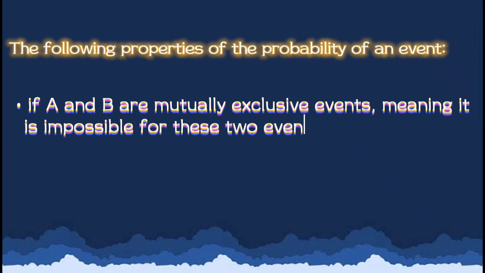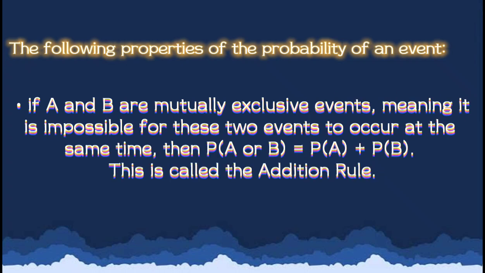If A and B are mutually exclusive events, meaning it is impossible for these two events to occur at the same time, then P(A or B) = P(A) + P(B).